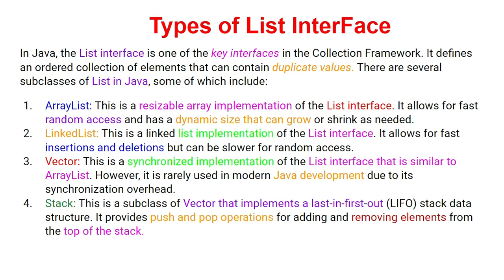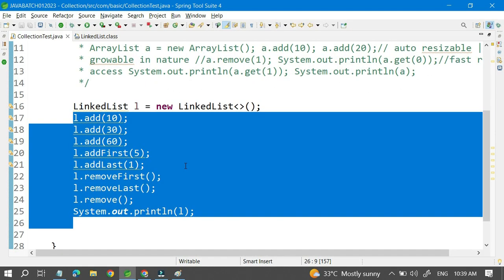Okay, let's go to the vectors. So as of now you understood what is the linked list, and what is the vector we can see. Vector is a synchronized implementation of the list interface. But before doing anything, let me store some value.